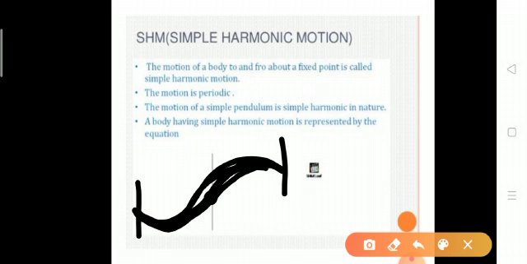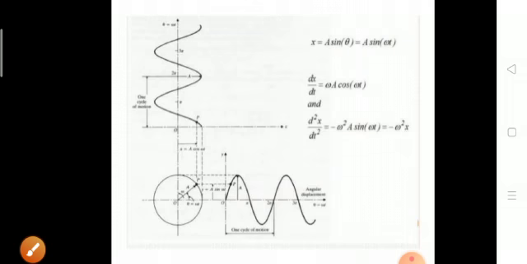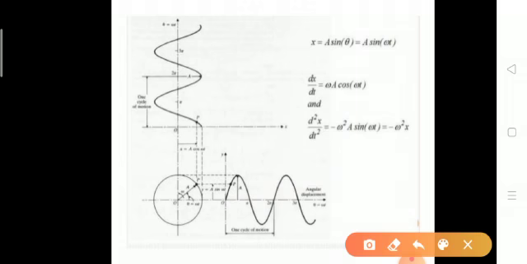The motion of a simple pendulum is the best example. The motion of a simple pendulum can be called simple harmonic motion. Let's suppose this is your x-axis and this is your y-axis. If you give some initial displacement to this point A, it will execute an angular motion from initial position P to P1.